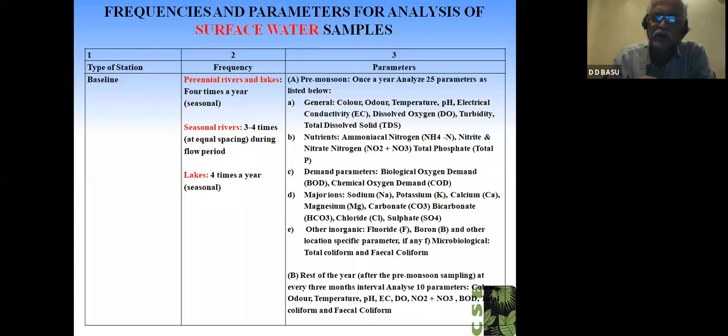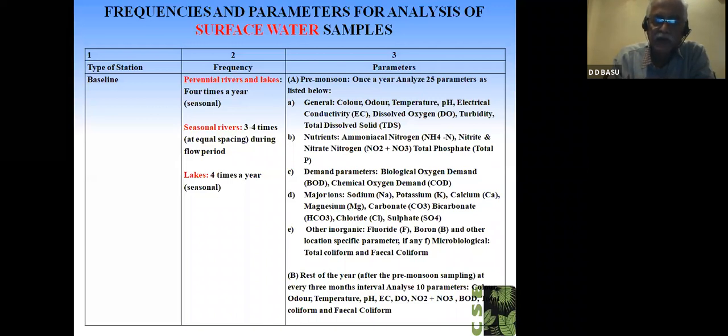If you take total Kjeldahl nitrogen and nitrate, it will be sufficient, and free ammonia. Then oxygen demand, BOD and COD. Also you have to measure ions and other inorganics, fluoride. If fluoride is there once or 2 times, and not there, then you don't continue for a long time.